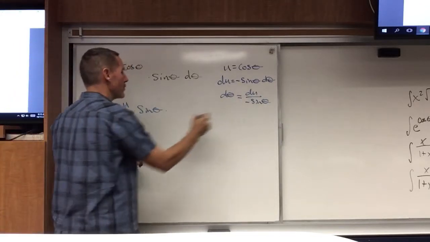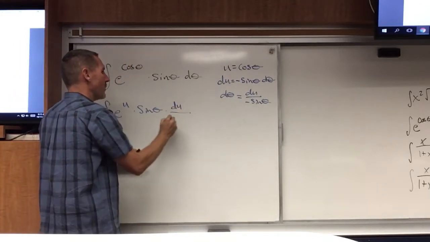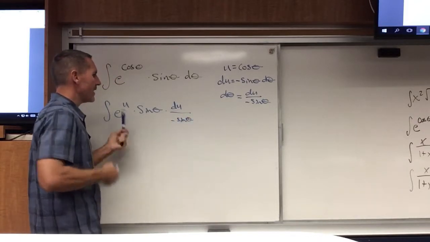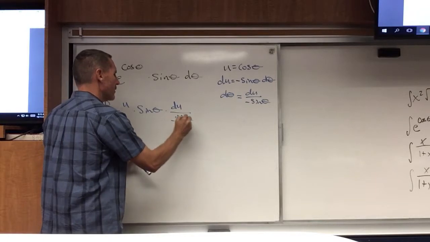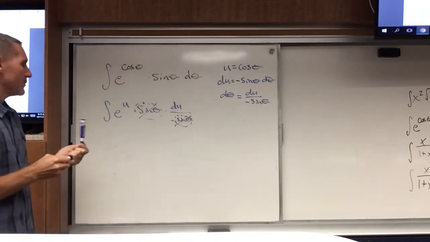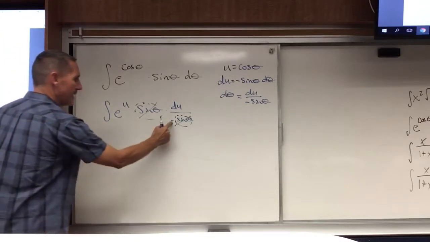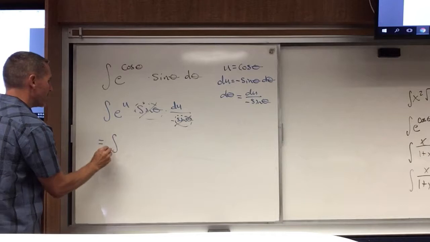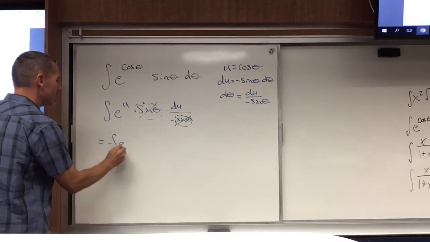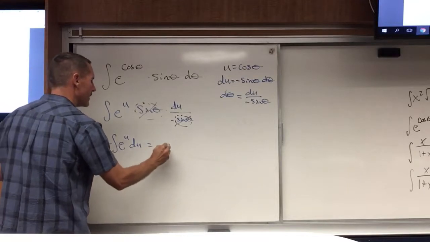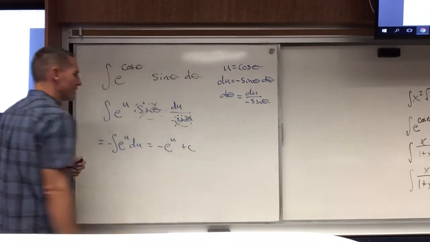Well, d theta is just equal to du divided by negative sine theta. And again, the sine theta right here will cancel out with the sine theta right there. I'm just left with, there's that negative, don't forget about that negative. This is equal to the negative integral of e to the u du, which is just equal to negative e to the u plus c.